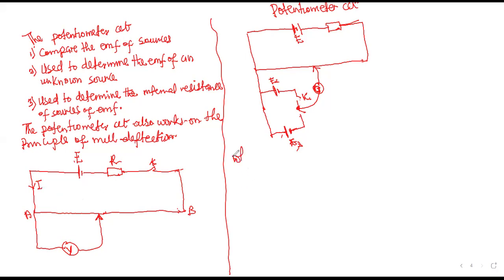when there is a constant current flowing through a circuit, the voltage drop across any section. Let me write in words before.